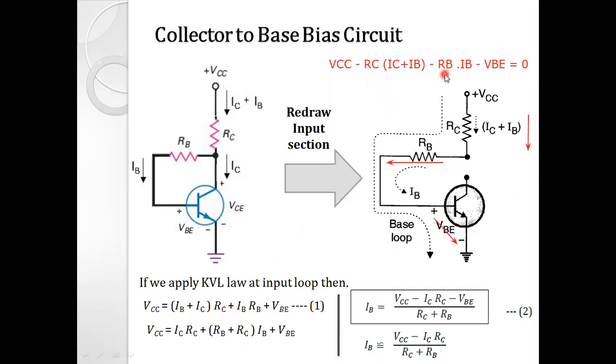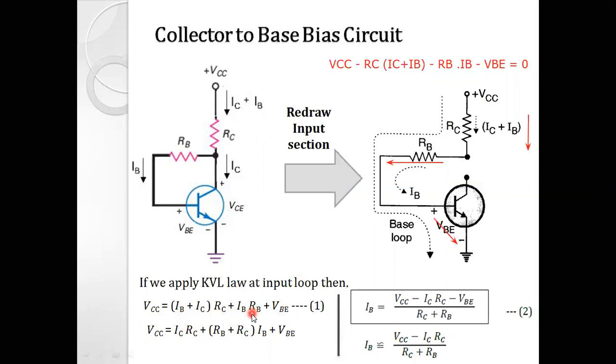When these terms go to the right-hand side, they become plus, and similarly VBE becomes plus VBE. So VCC is equal to, when we open this bracket, IC into RC, that results in ICRC, then IB into RC and IB into RB.